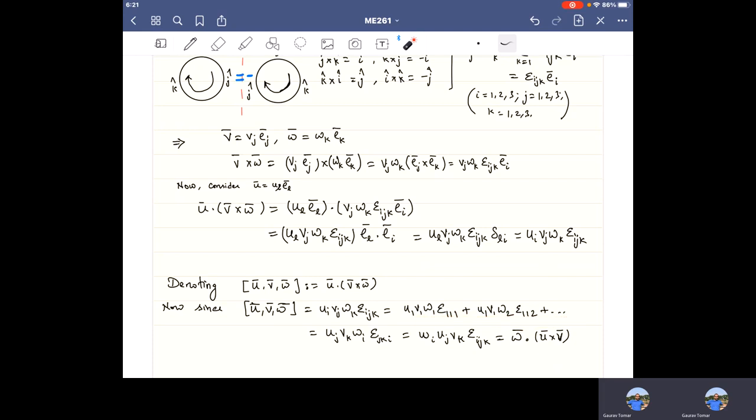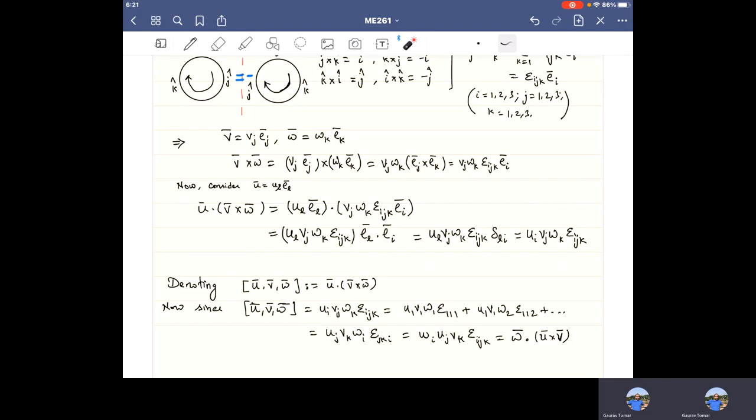Anyway, if you want to write it slightly differently, you can, because you know the property that if you change the indices here in a cyclic manner, they don't change the value. What we're doing is changing the notation.